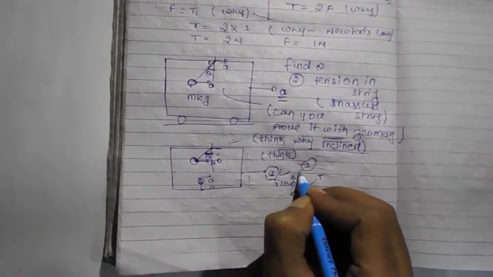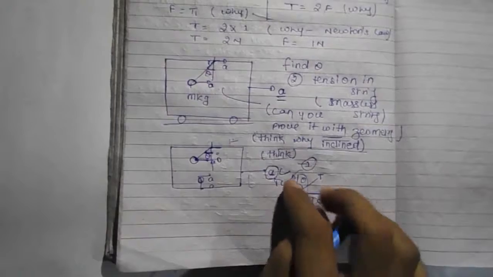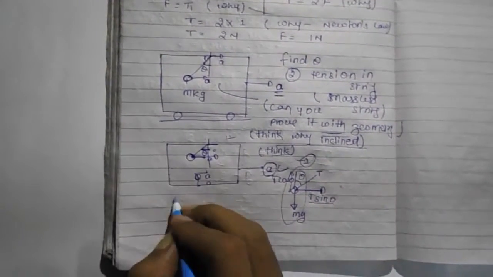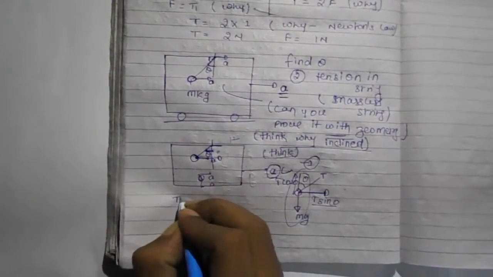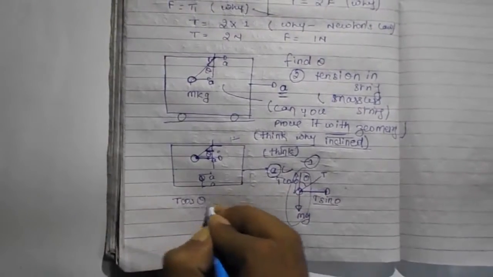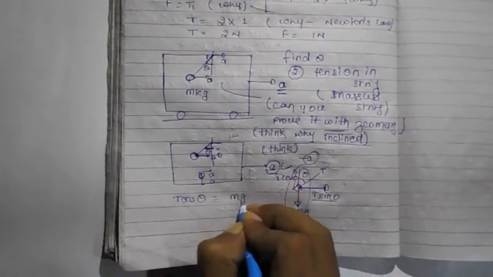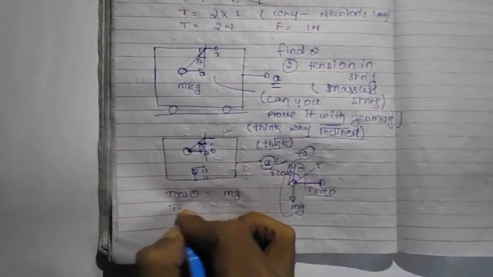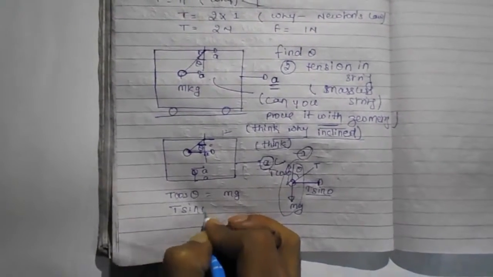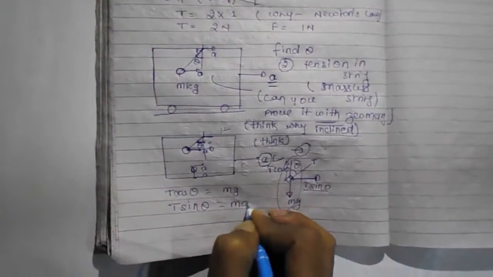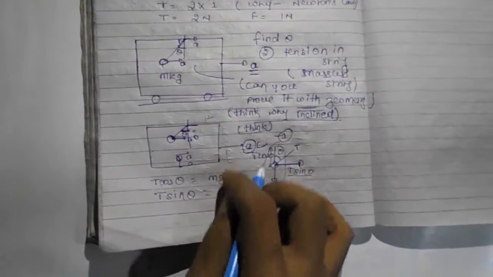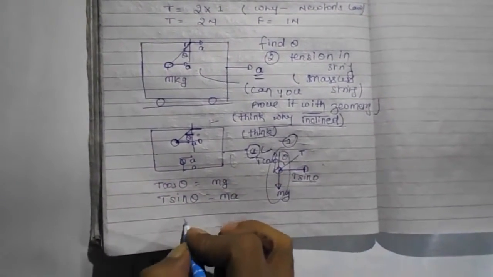There is no acceleration in the vertical direction. So T cos theta should be equal to mg, and T sin theta should be equal to ma. You should feel comfortable in writing these equations.